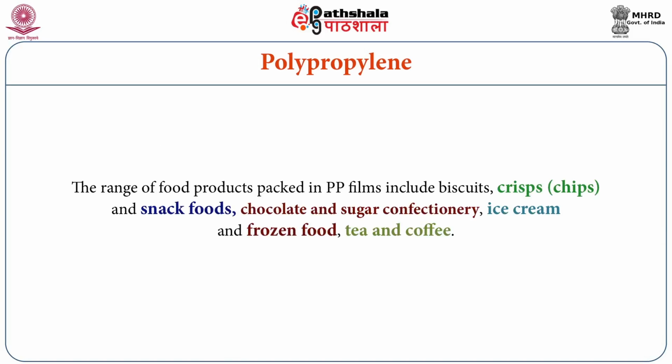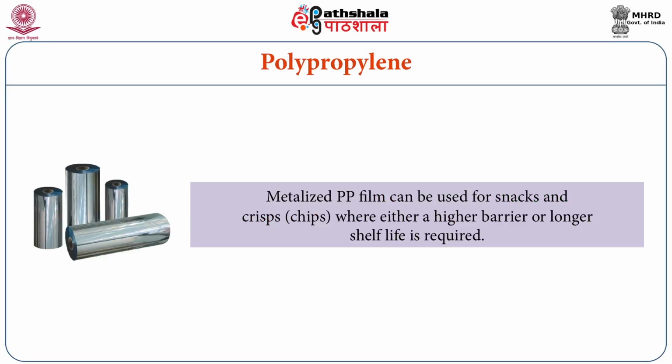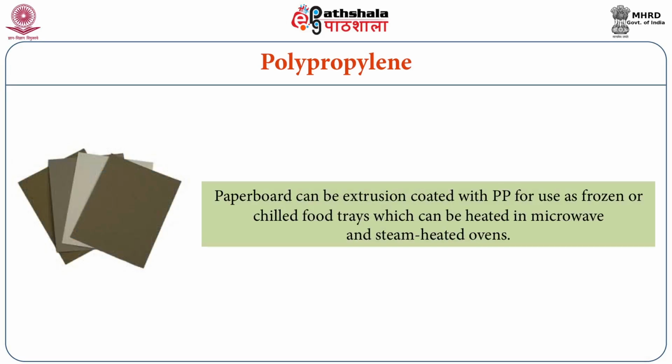The range of goods packed in polypropylene films include biscuits, chips, snack foods, chocolate, sugar confectionery, ice cream and frozen foods, tea and coffee, etc. Metallized polypropylene film can be used for snacks and chips where longer shelf life is required.